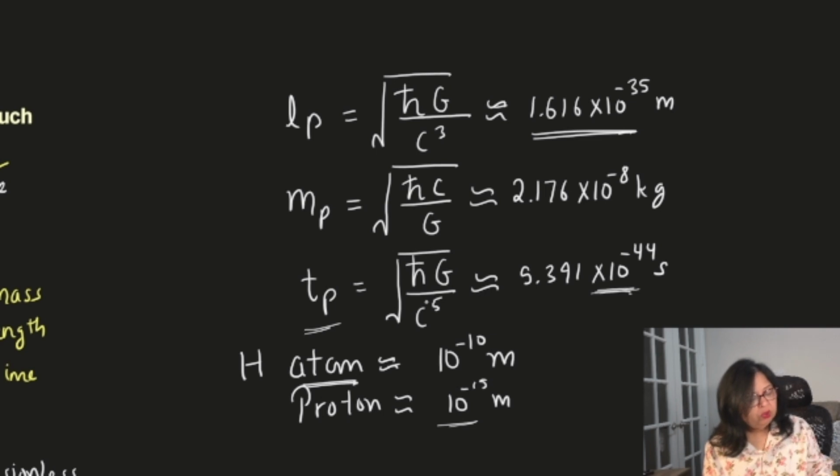Planck's mass, though, is a large mass as compared to the mass of a proton or an electron. Electron's mass is 9.1 times 10 to the power minus 31 kilograms, and proton is about 10 to the power minus 27 kilograms. So this is way, way larger than those masses. But the Planck's length and Planck's time are very, very small numbers.